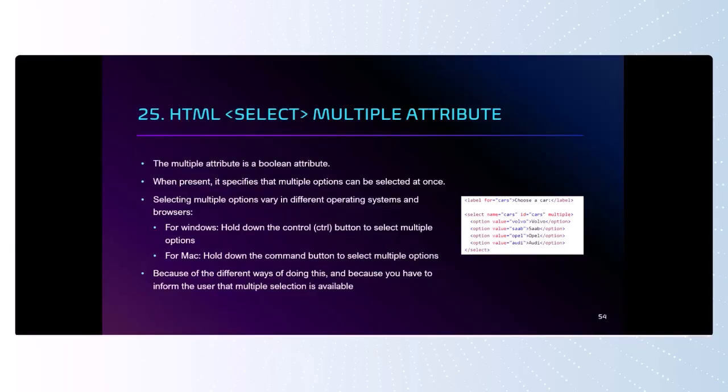Selecting multiple options varies in different operating systems and browsers. For Windows, you hold down the control button and select multiple options, or for the Mac, you hold down the command button and select the multiple options. Because there are different ways of doing this, you have to inform the user that the multiple selection is available.